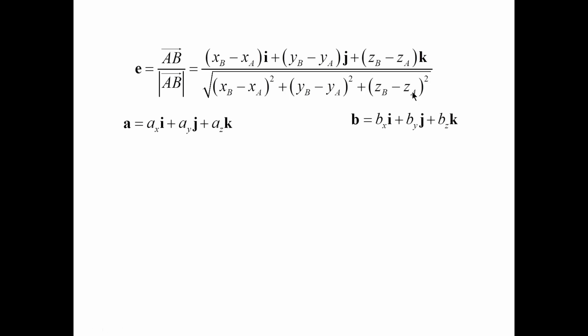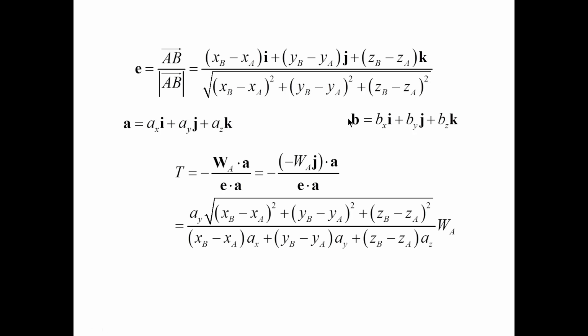Now I identify the vectors A and B in terms of their projections, AX, AY, AZ, BX, BY, BZ. These projections are not completely independent because, of course, A and B are unit vectors.